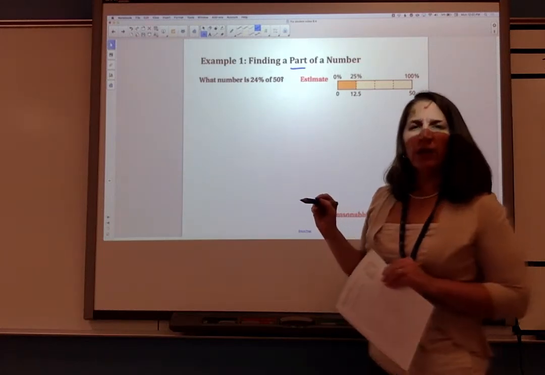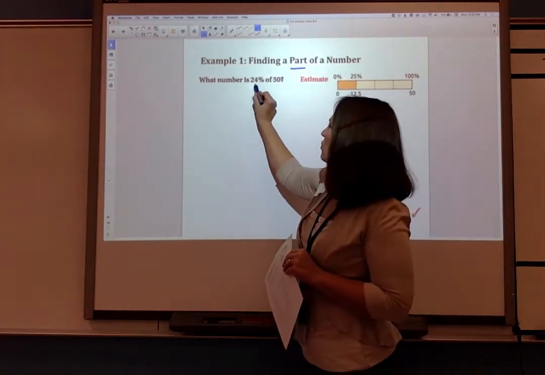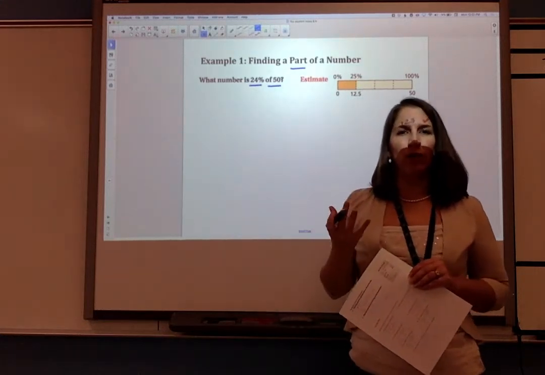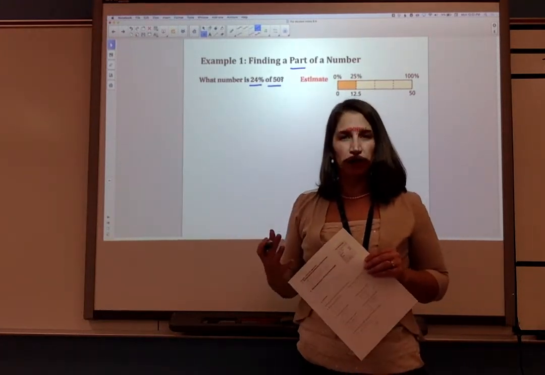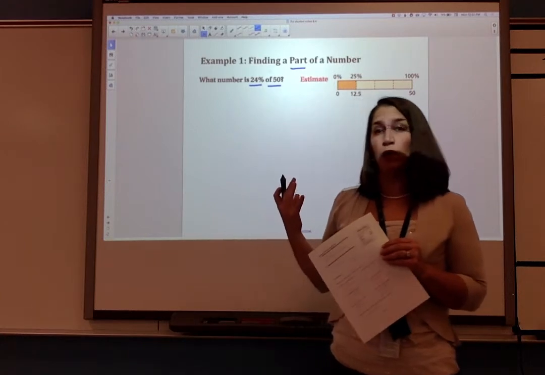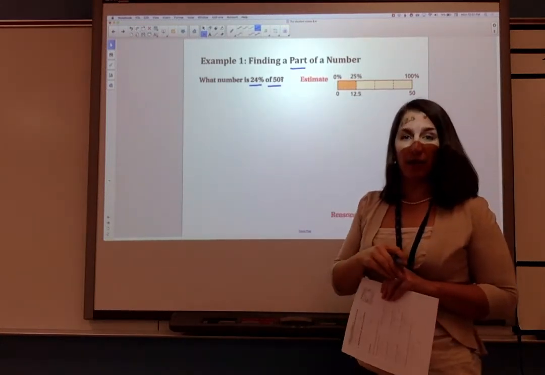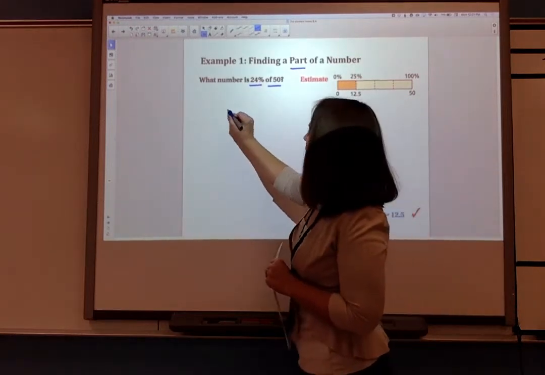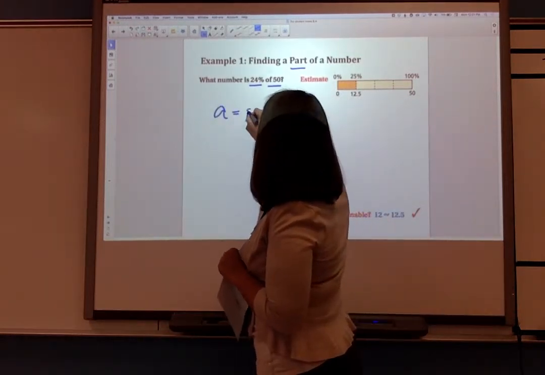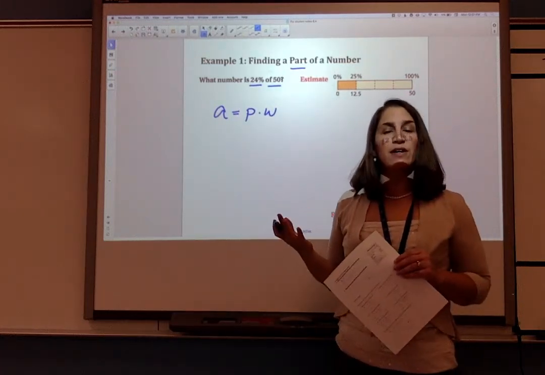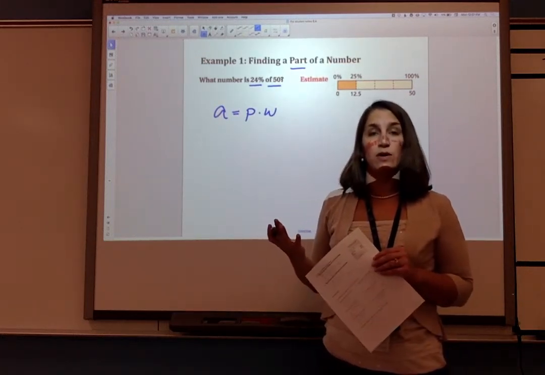So we're figuring out what number is 24% of 50. Remember that the word "of" tells us that number is the whole. So in this case, what we're looking to find is the part. So if we start with our equation A equals P times W, just like we did with the proportion, we're going to fill in the parts of this that we know.